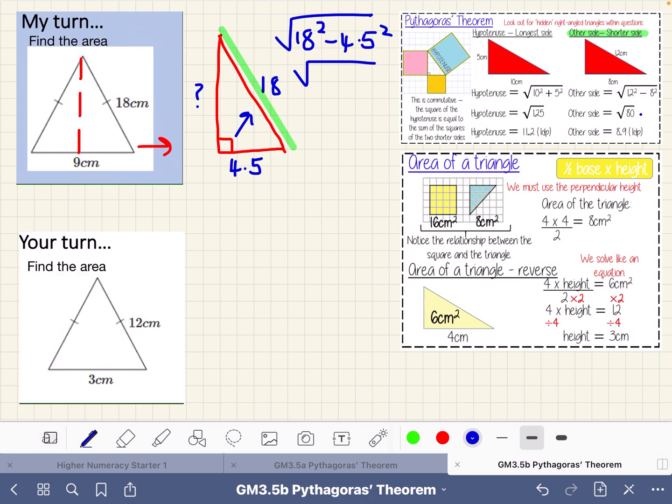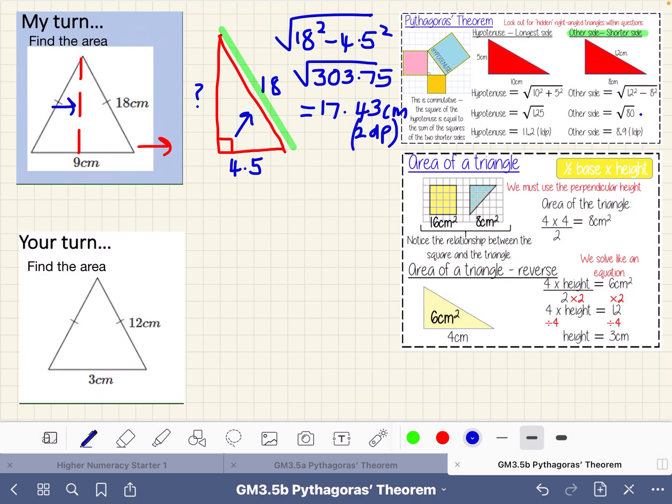That gives us the square root of 303.75, leading on to the perpendicular height being 17.43 centimetres, and that's correct to 2 decimal places.